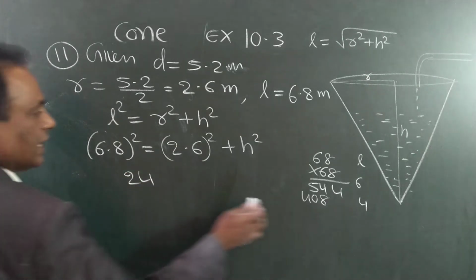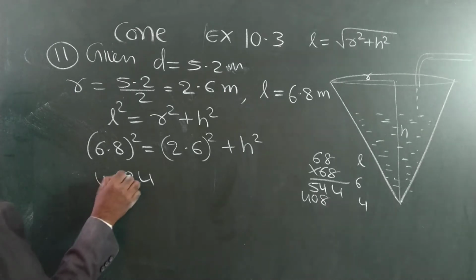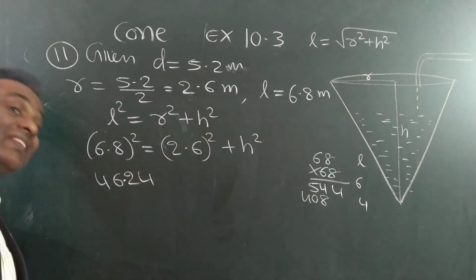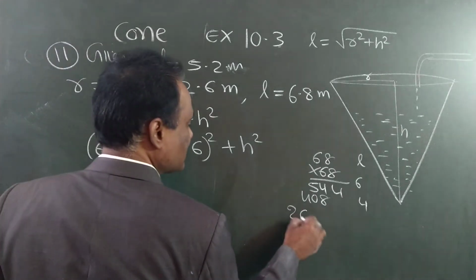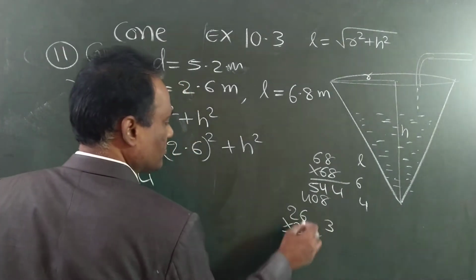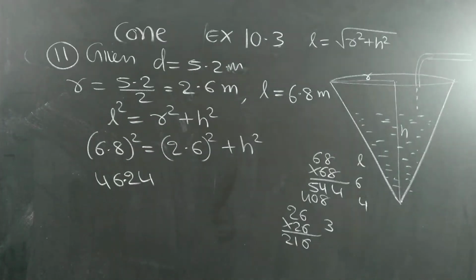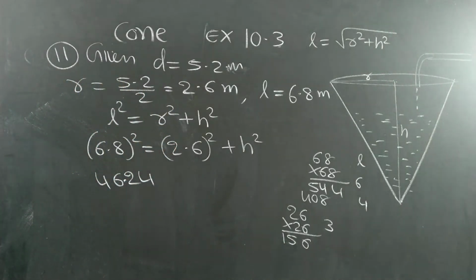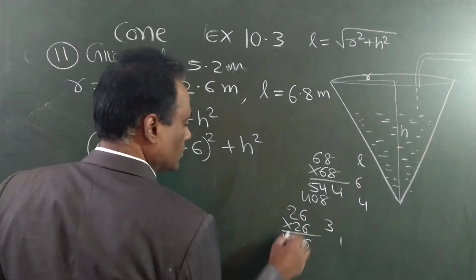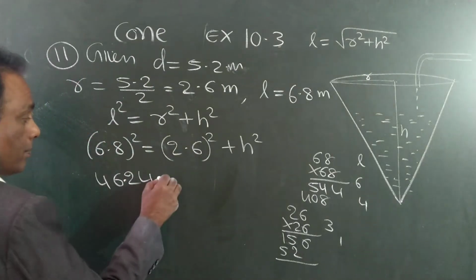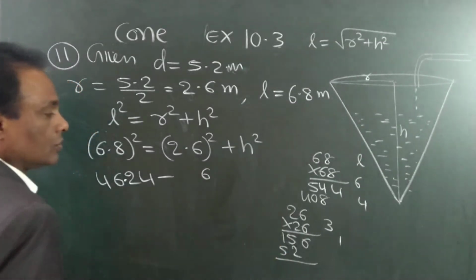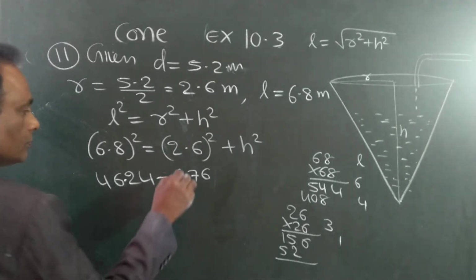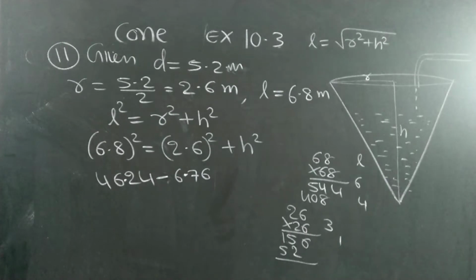6.8 whole square is 46.24. Then 2.6 whole square, 26 into 26, is 6.76.